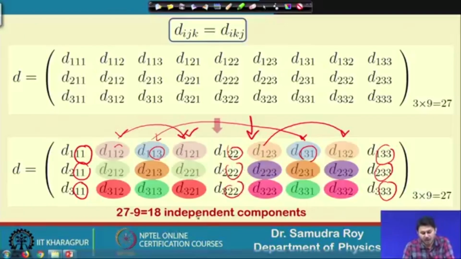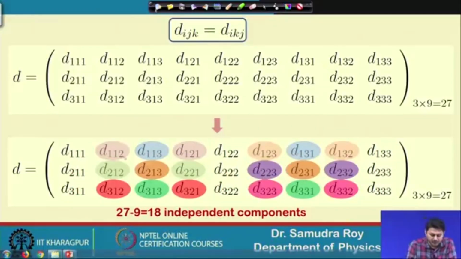So, how many independent components do we now have after using this permutation symmetry? The answer is 18. How many components are there? 9 here and 9 here. All these 9 components and the other 9 components are the same.